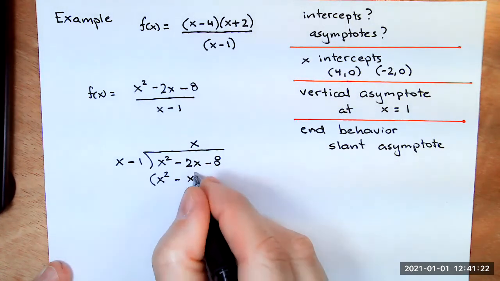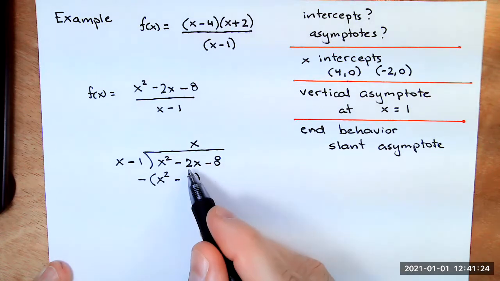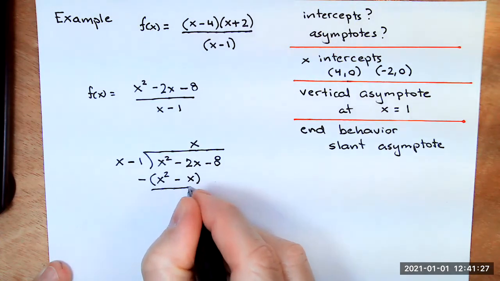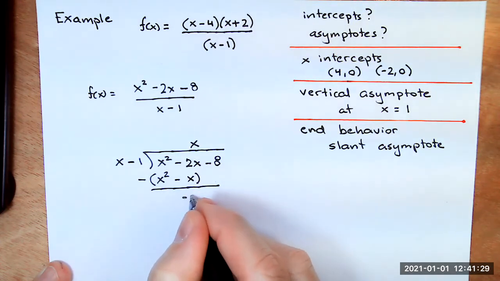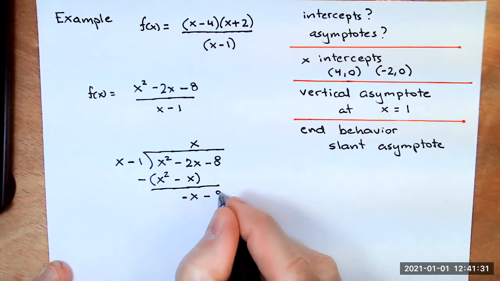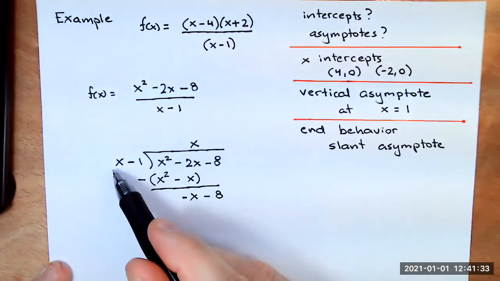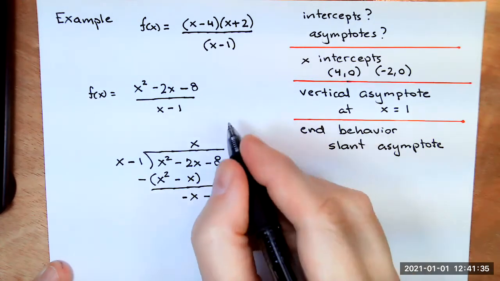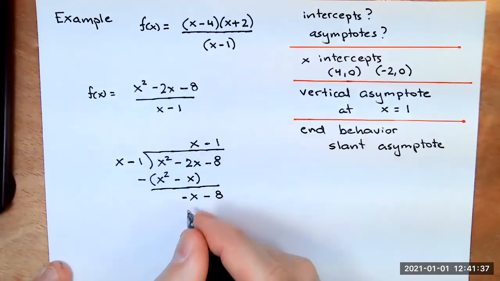Don't forget to subtract the whole thing. So negative 2x and positive 1x make negative x. What do I multiply x by to get negative 1x? It'll be negative 1.